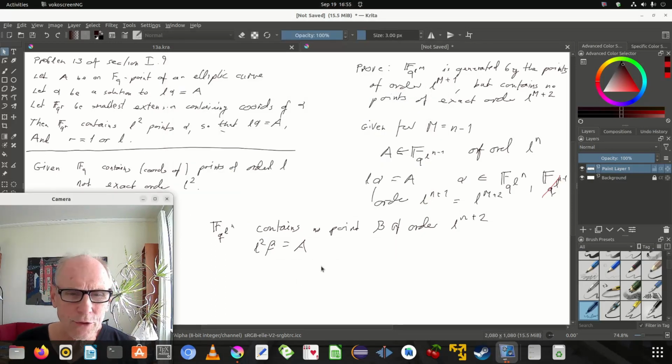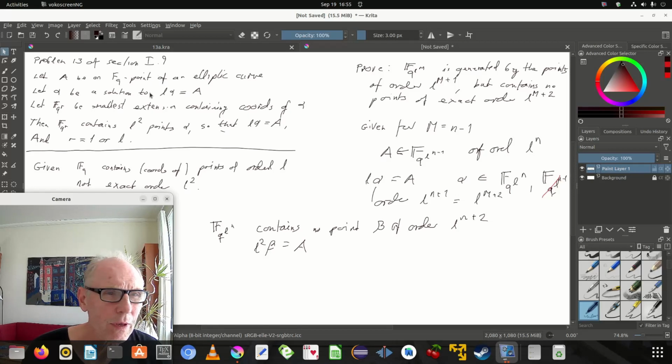Well, it turned out to be easy. We just use this problem again with L squared instead of L. And then we get that the space generated by the solutions must either be Q itself or Q to L squared.